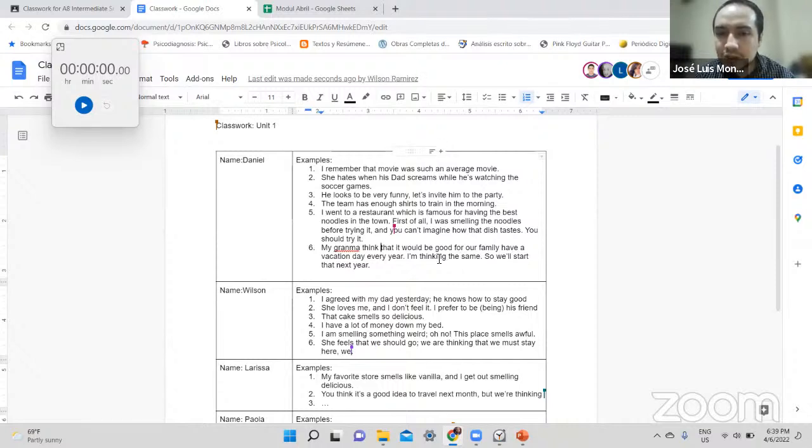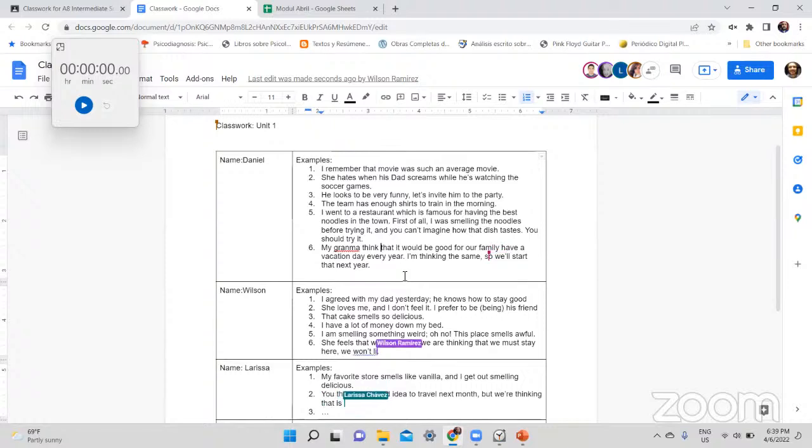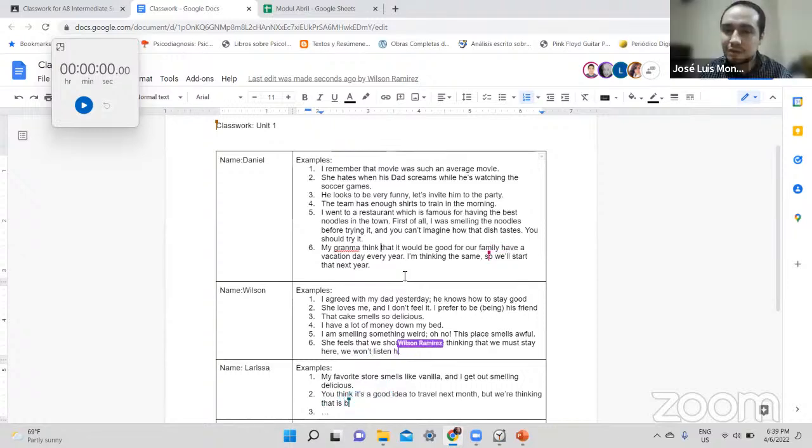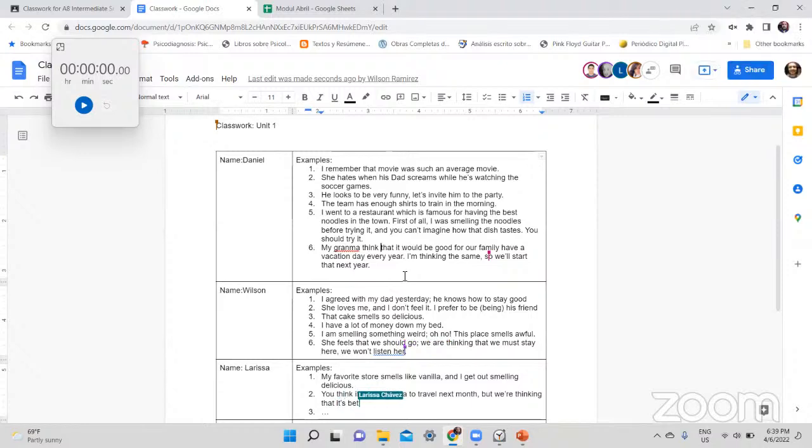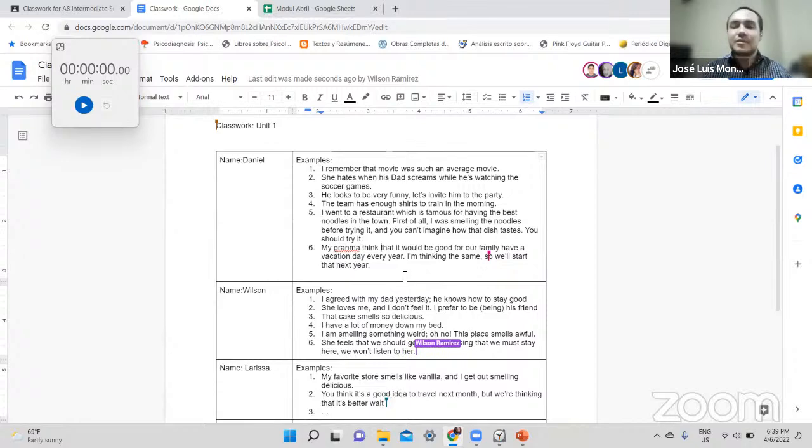So only in this one, if you're going to use so as a connector for another idea, and if so means como consecuencia or like then, it's better to use it only with a comma and without the capital letter. Okay, so I'm thinking the same, comma, so we'll start that next year. All right. Exactly. Just that one, Daniel. I don't know if you have any questions about this one. Let me know, please. No, teacher, it's clear. Thanks for the observation. Okay. Thank you. There you go.